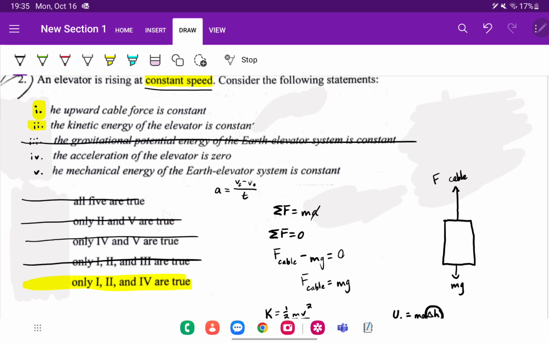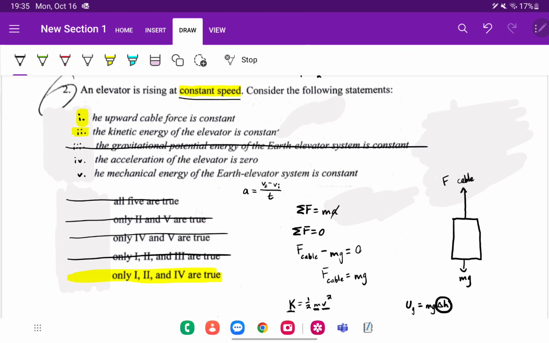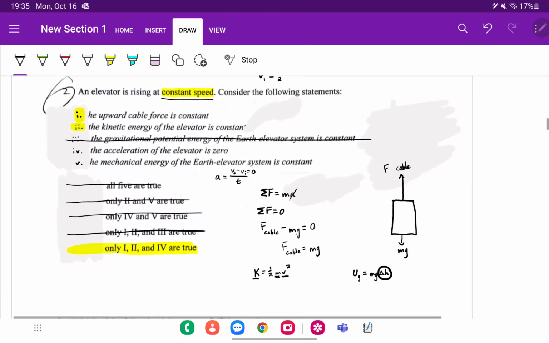So if v is constant, then this upper term is 0, and that makes acceleration 0. That's just a mathematical way to show it if you don't conceptualize that well. But since it's a constant speed, acceleration is 0. So that means that E is the correct answer for this one.